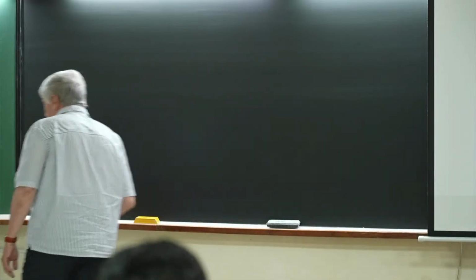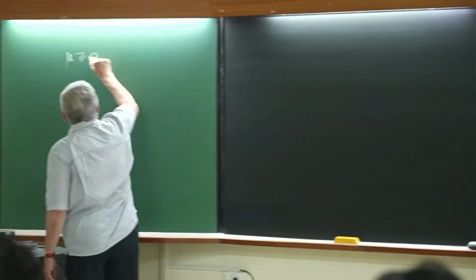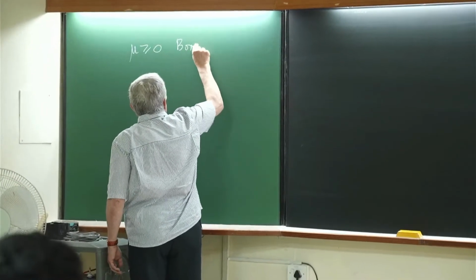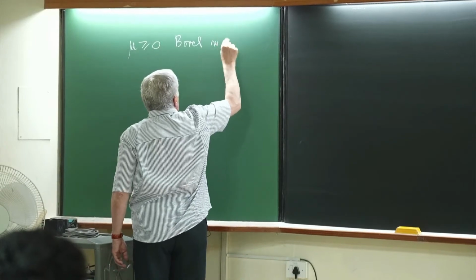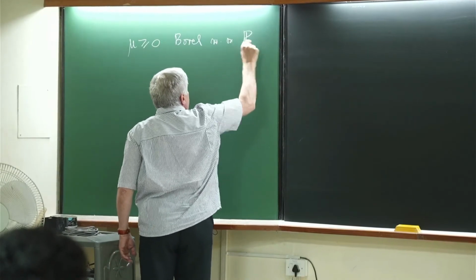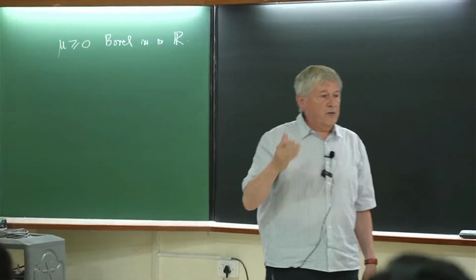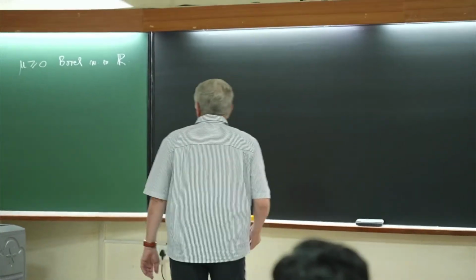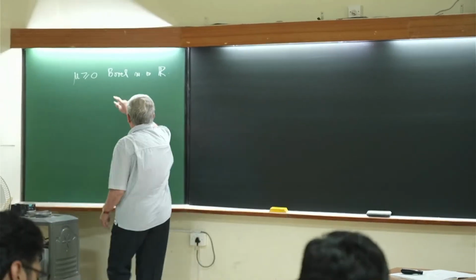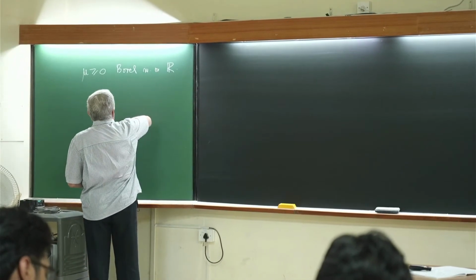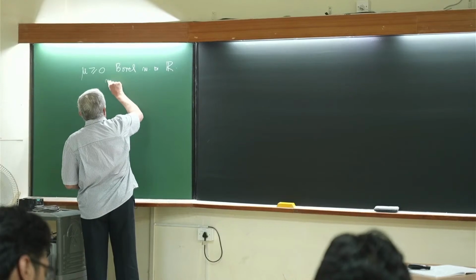We start with a positive Borel measure on the line, rapidly decreasing so that all polynomials are integrable, and I'll assume that it is not a finite collection of point masses.